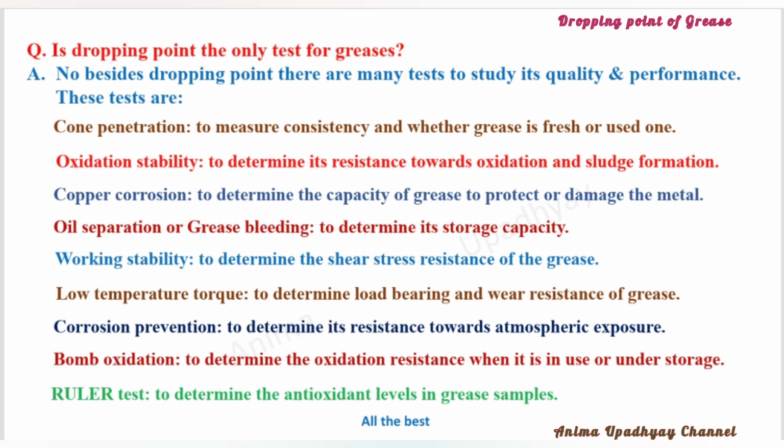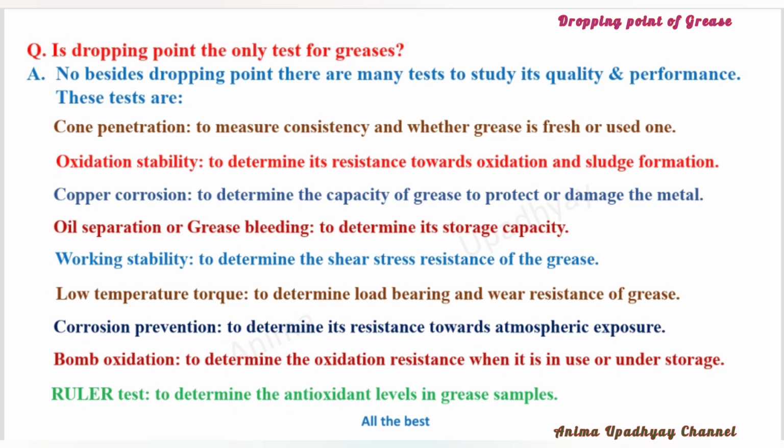Working stability is done to determine the shear stress resistance of the grease. Low temperature torque test is done to determine the load bearing and wear resistance of grease. Corrosion prevention is important to determine the resistance of grease towards atmospheric exposure.